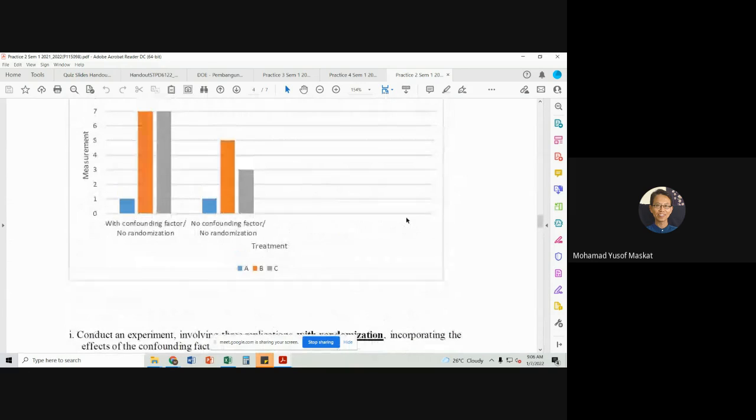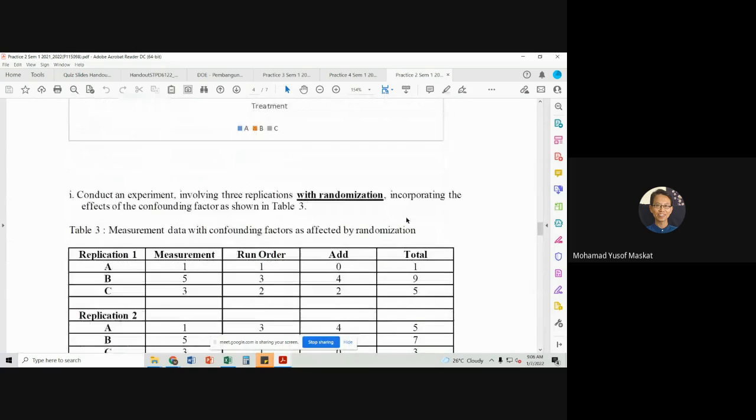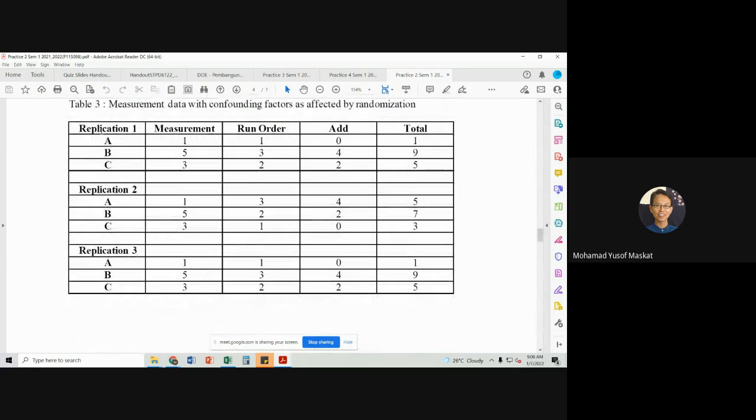This is something that I have created, where we have 3 treatments, A, B, and C, and then the measurements for the treatment. I have dictated this as being A, the measurement is 1, B, the response is 5, and C is 3.